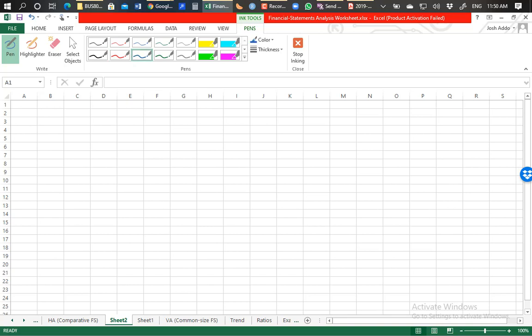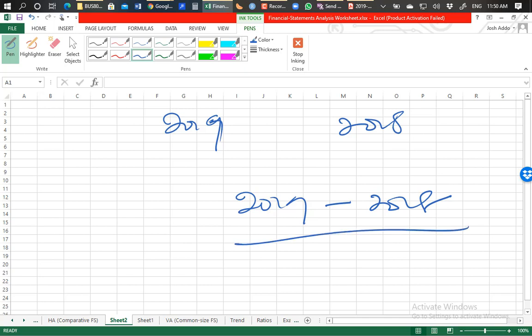You are calculating the percentage change between two things, so let's say 2019 and 2018, how things have changed from 2018 to 2019. The formula is 2019 minus 2018, divided by 2018, times 100%.